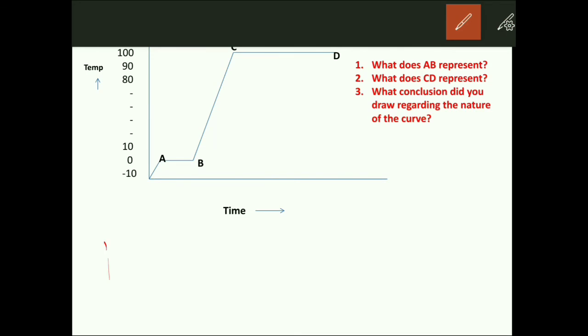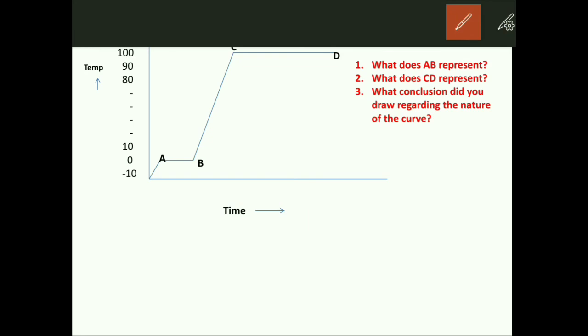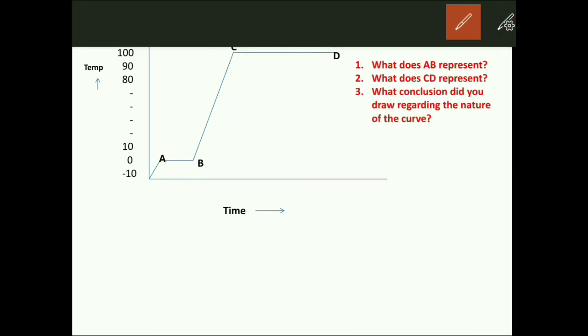So I have ice at minus 10 degrees Celsius, and the time is given on the x-axis, so the time is increasing. Till this time, ice at minus 10 degrees Celsius becomes ice at 0 degrees Celsius. Now ice has reached 0 degrees Celsius here.